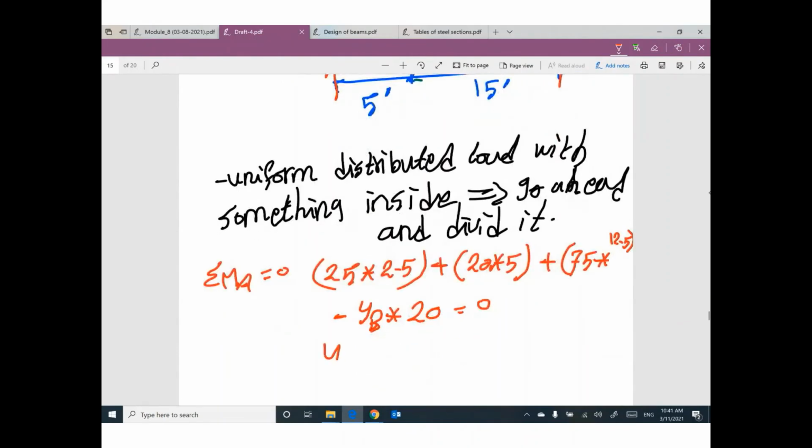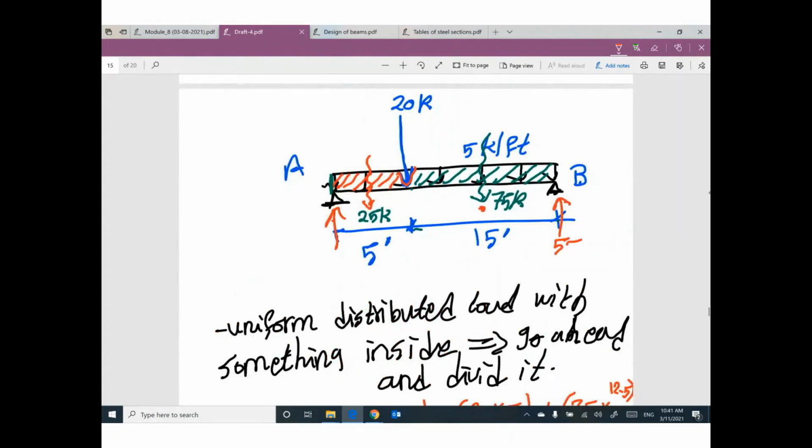So I can figure out the reaction YB. This reaction is 55.